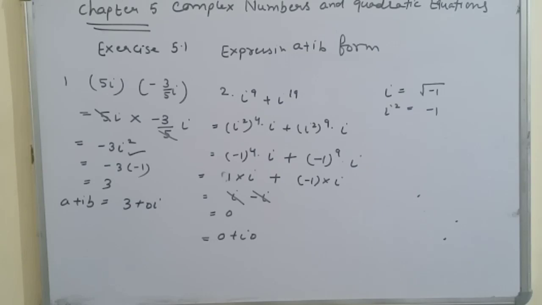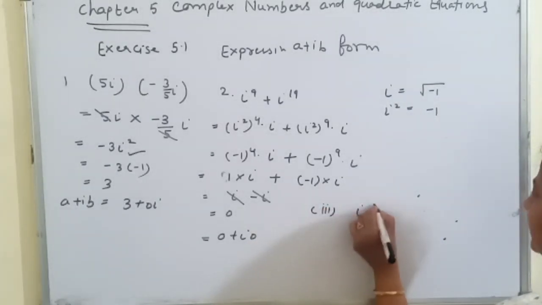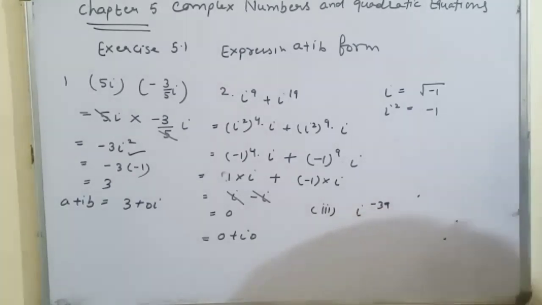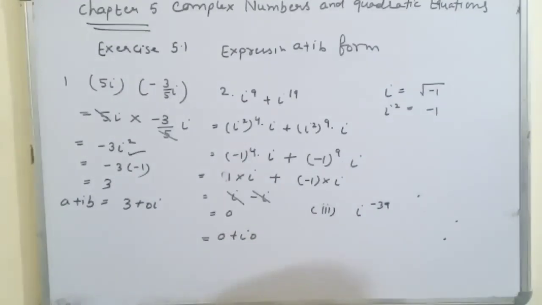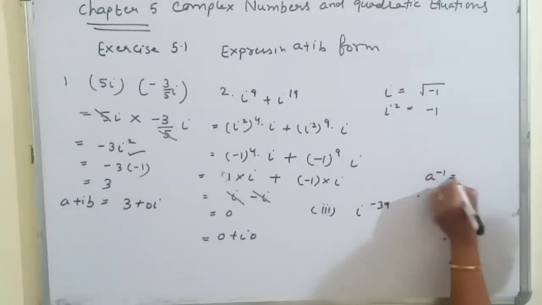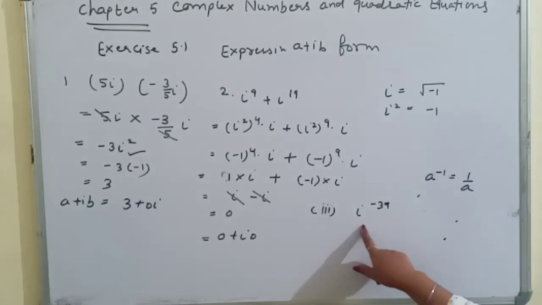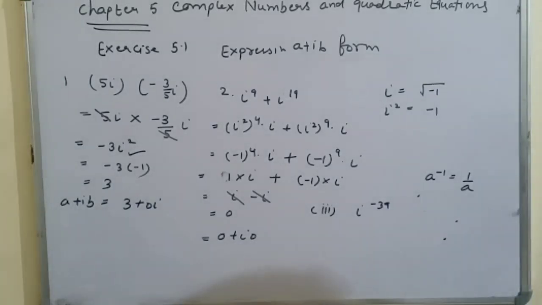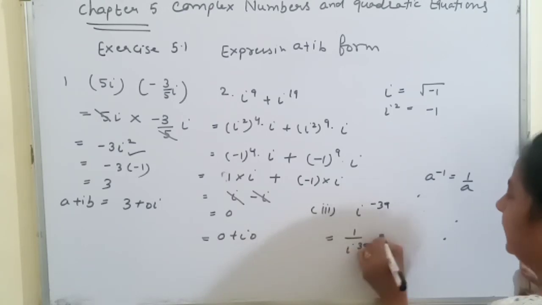Let's see the third one. Here iota has the power minus 39. So how can we solve it? Firstly, take the reciprocal, because we know it very well: what is a inverse? By using the exponent law, a inverse is 1 by a. So iota power minus 39, we can write as 1 upon iota power 39.